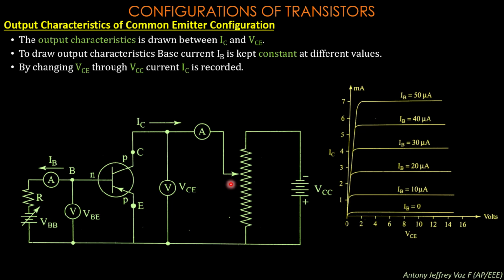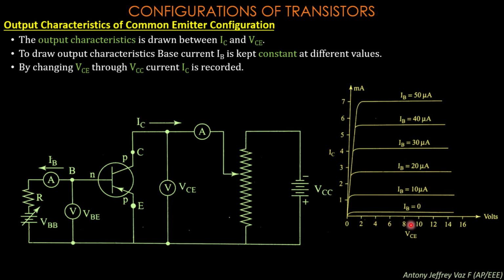While changing this resistance, VCE is being changed, and depending on the resistance value, the current IC will flow through the resistance and return to the emitter. So the IB is set constant, then you change the VCE value from 2 volt, 4 volt, 6 volt, 8 volt, 9 volt and 12 volt.